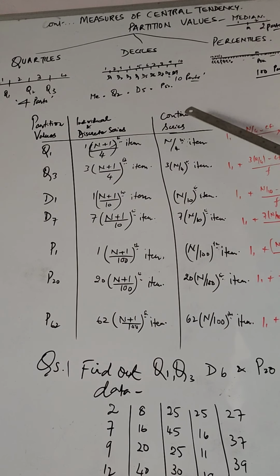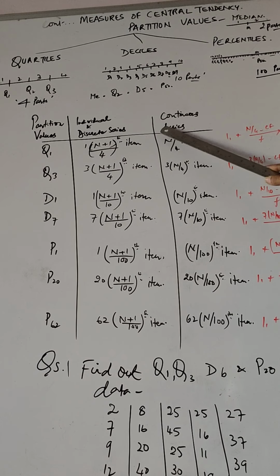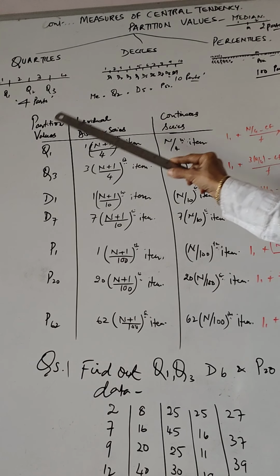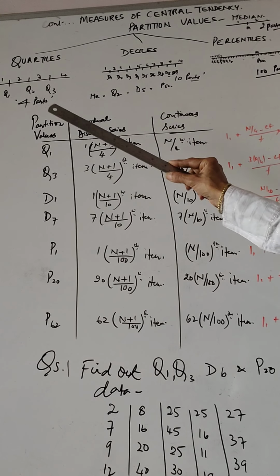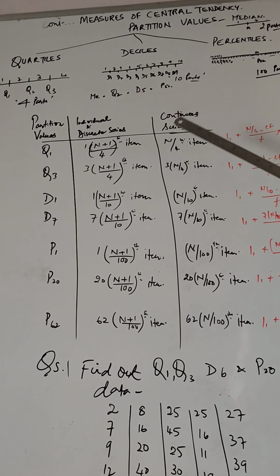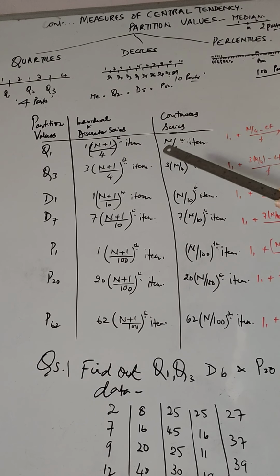That's how. Now let's come to the continuous series. In the continuous series, it is the class interval series. What happens? You first find out in which class interval Q1 lies. So what will you do? You will take sigma f divided by 4, that is the n by 4th item, which will tell you in which class interval the first quartile lies.